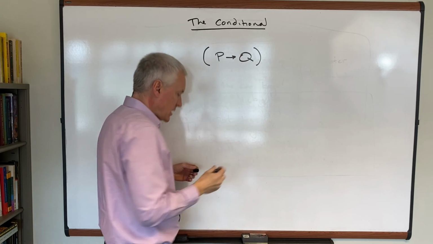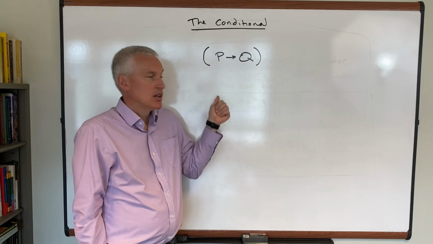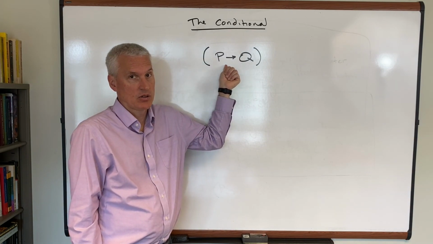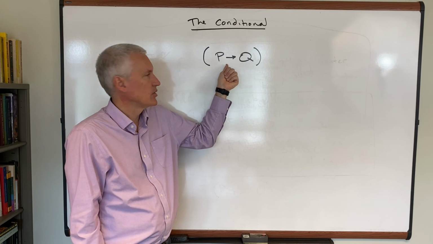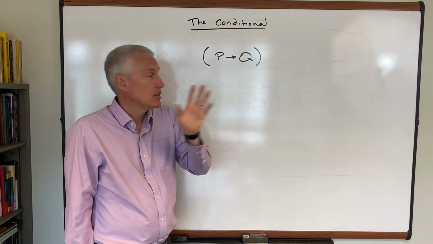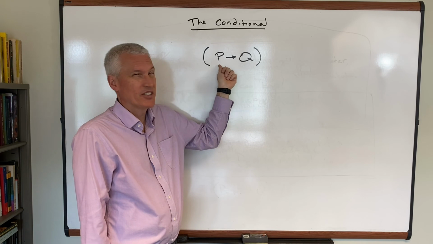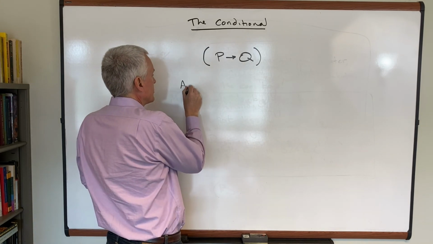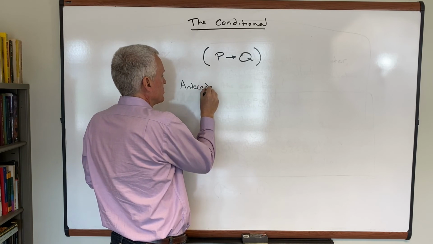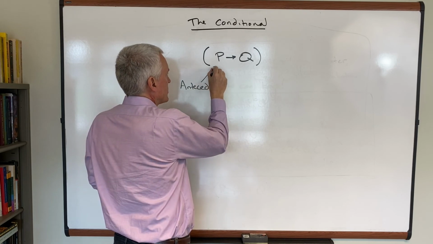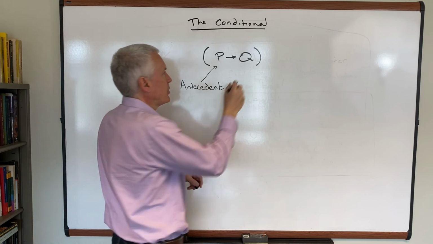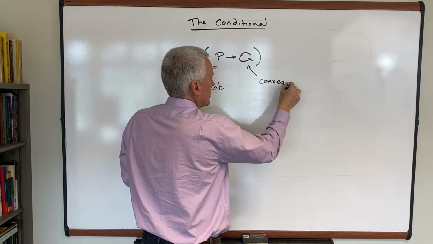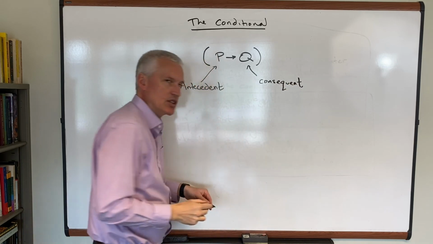We gave an example last time of two atomic sentences related with this arrow, which we're now calling the conditional. We also have other names for the parts. This is called the antecedent of the conditional, the if part, sometimes you might call it. And the then part is called the consequent. That's sometimes useful terminology to have.